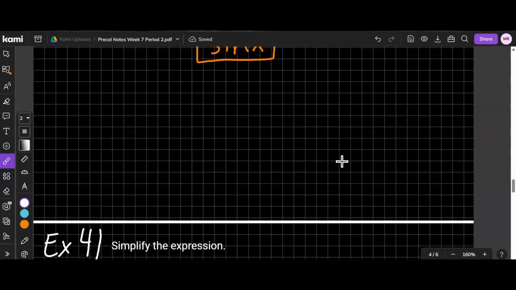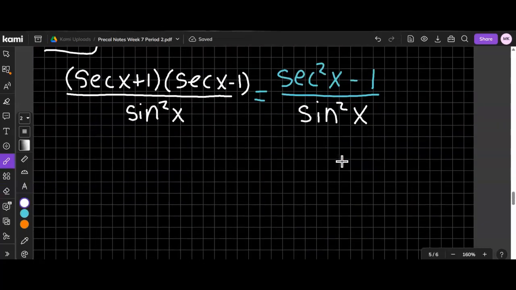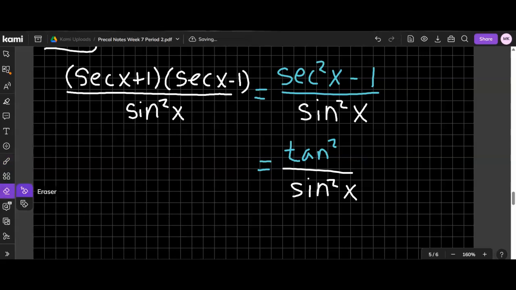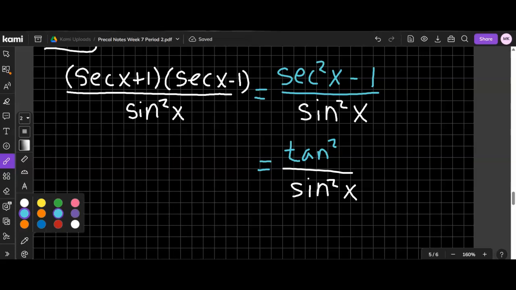So, applying that here, I'll rewrite this as tangent squared minus 1 all divided by sine squared of x. Let me get rid of the minus 1 there and put the x in there.